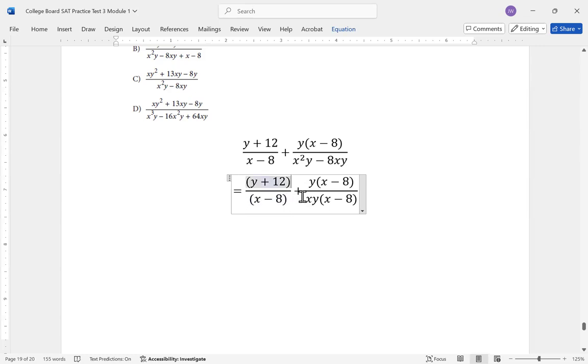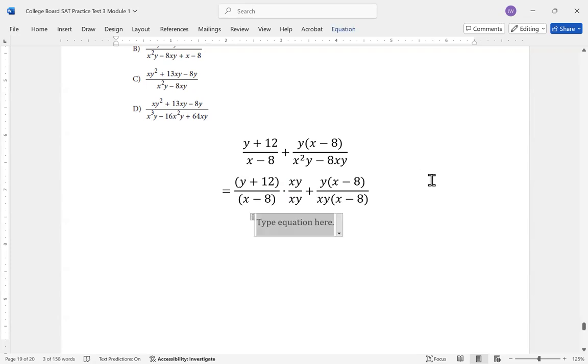But over here, we'd have to multiply this fraction by a fraction of xy divided by xy. So let's go ahead and do that. I'm going to distribute xy times y. That's x times y squared. 12 times xy is plus 12xy over xy times x minus 8.